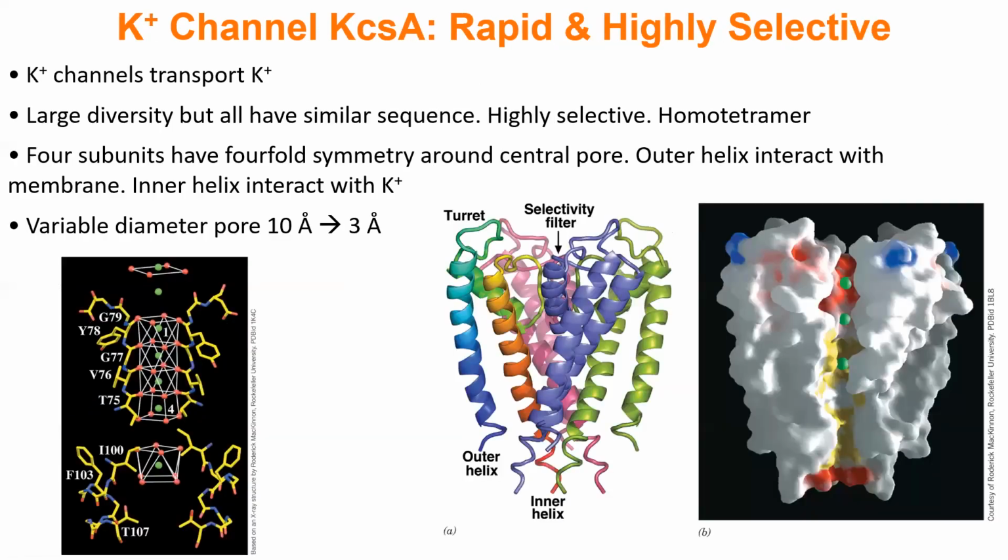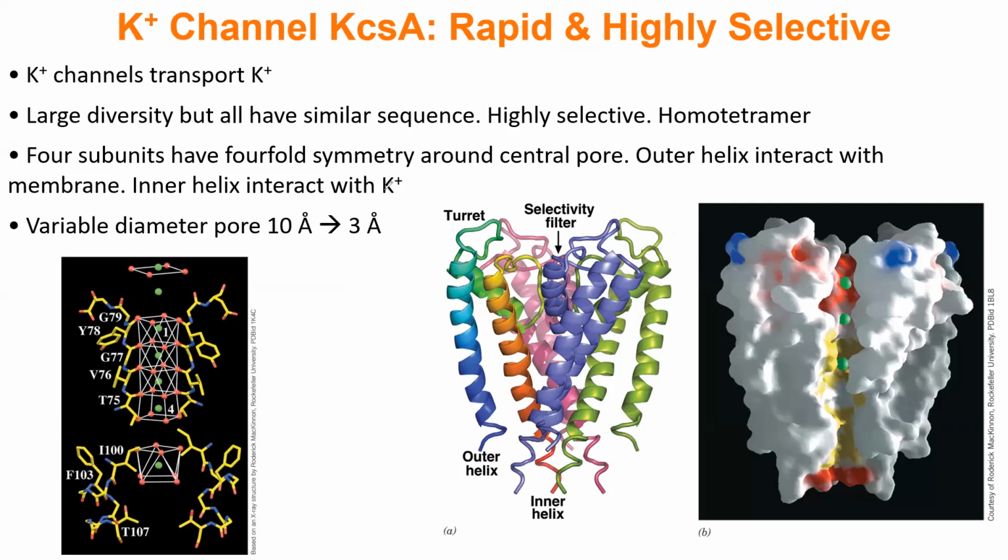And the next type of pore we're going to look at is the potassium channel, KcsA. And the potassium channel, of course, transports potassium. There are a lot of different potassium channels, but they all have similar sequences. Basically, they are 4 subunits that form a pore.